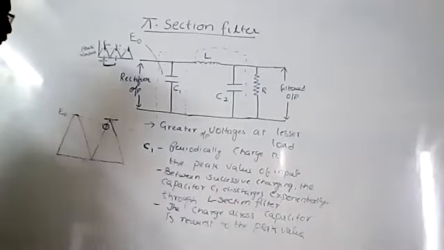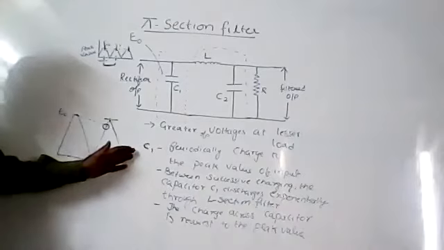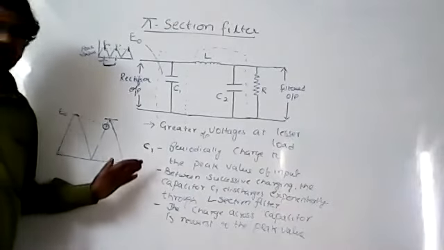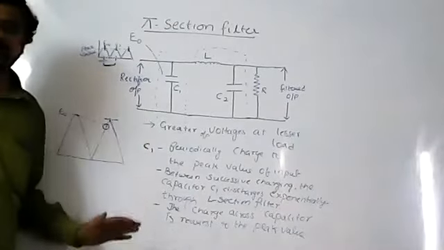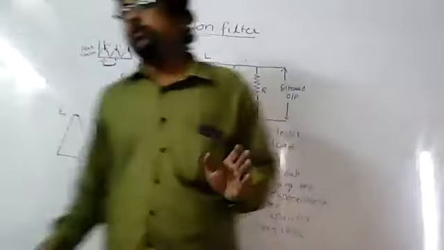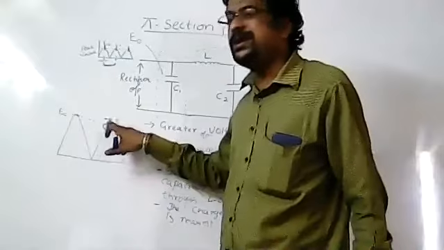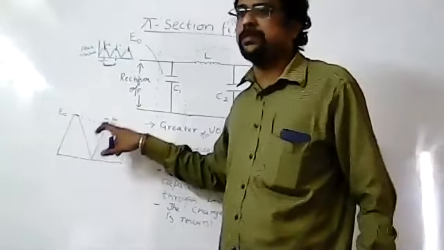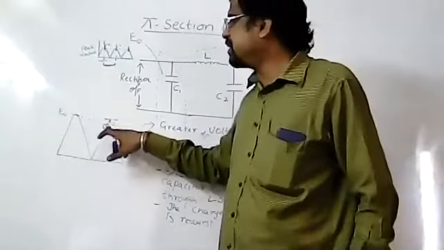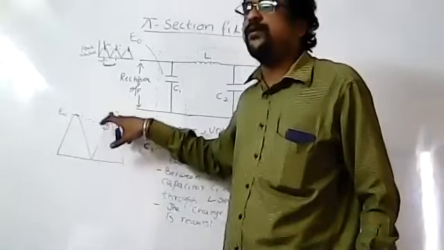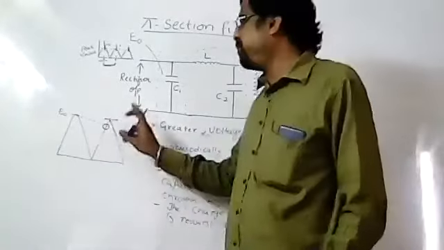So that happens at the capacitor. In this way, the shunt capacitive filter will remove most of the ripple components, and it will try to maintain the voltage across the capacitor very much nearer to the peak value.